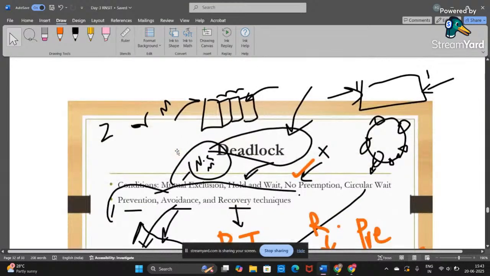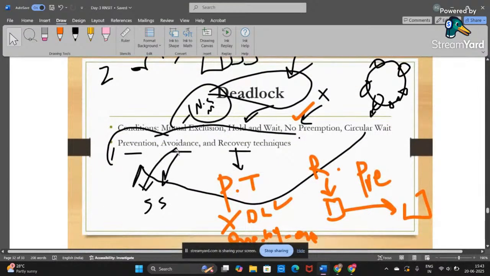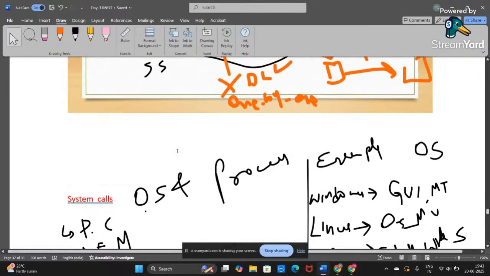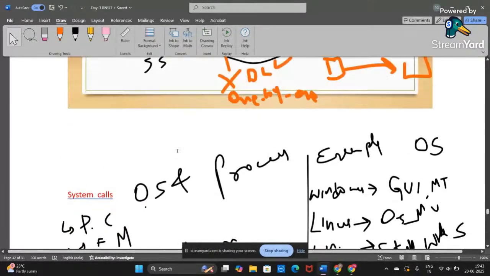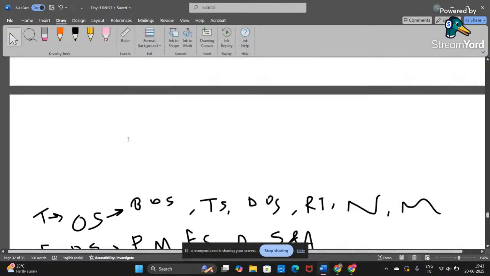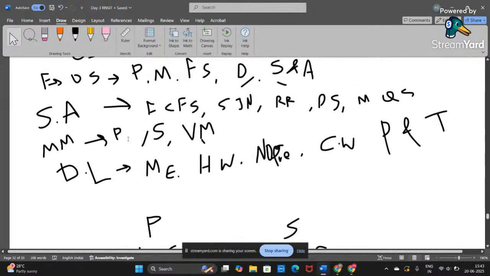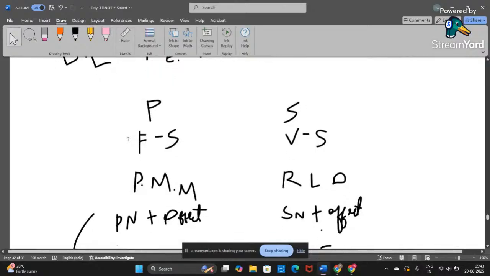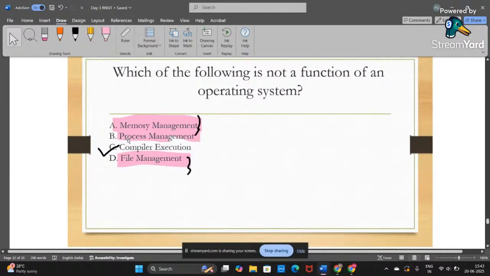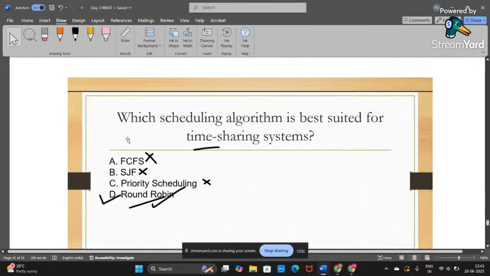Then we have seen deadlock. And we have seen what are system calls. And we have just recalled everything, and we have solved a few questions based on this.